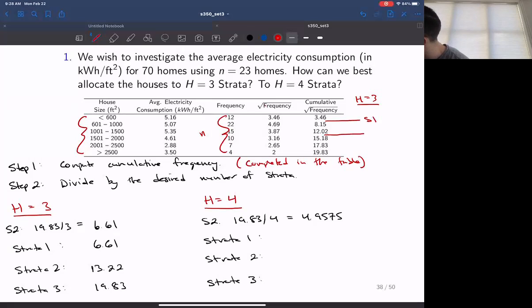The second cutoff would be here, and then the third cutoff takes everything. So the first strata would be less than 600. The second strata would be 601 to 1500. And then the third strata would be greater than 1500.